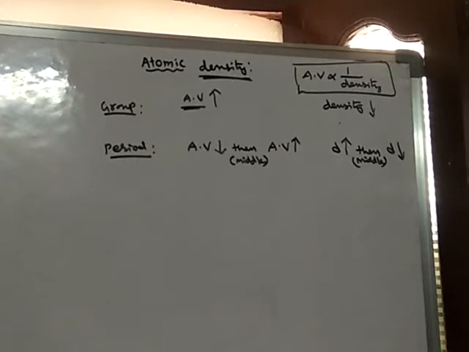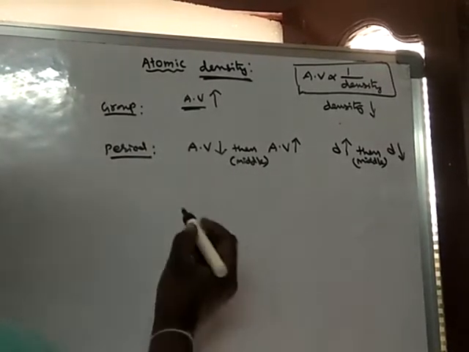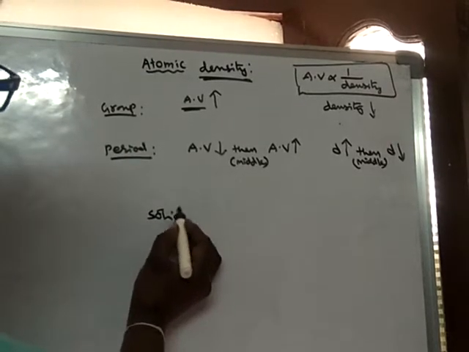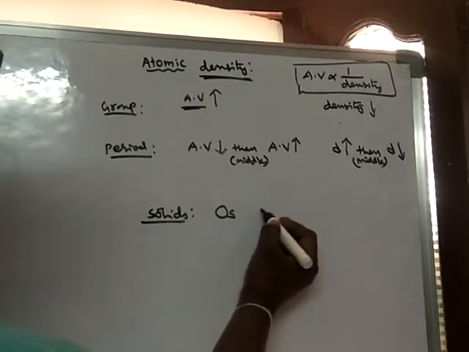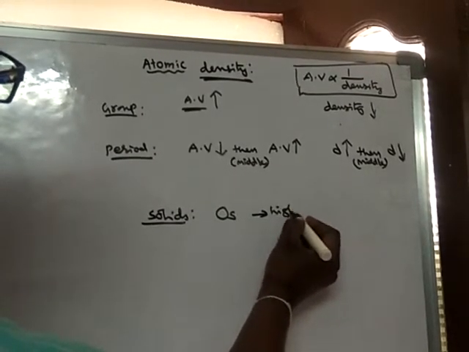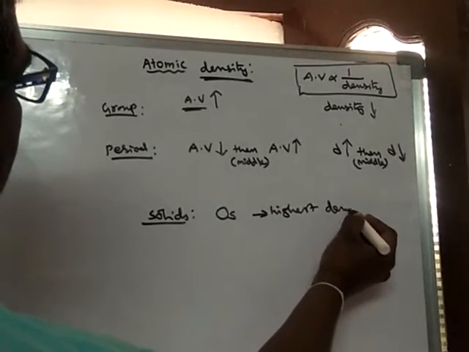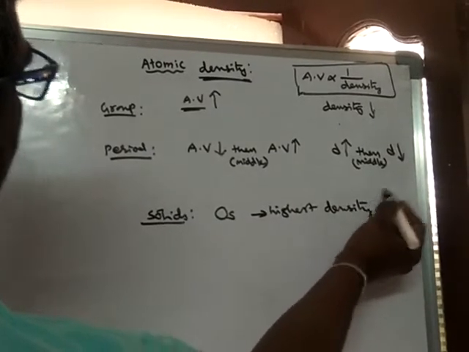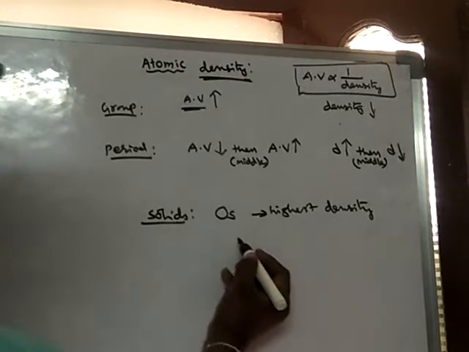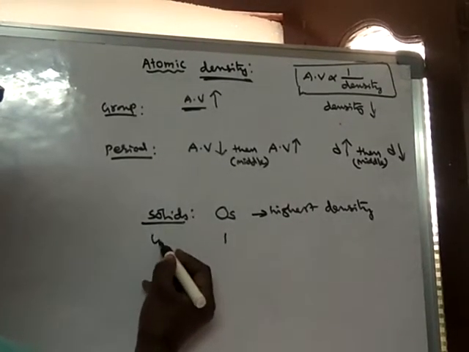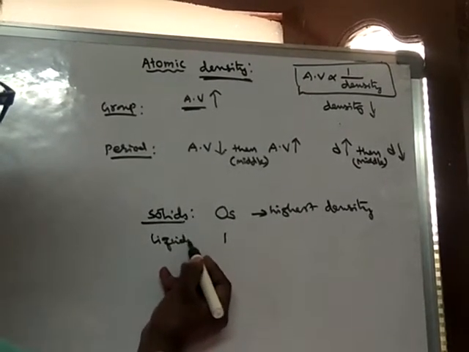Like this the density of elements varies. In solids, osmium has the highest density. In liquids, mercury has the highest density.